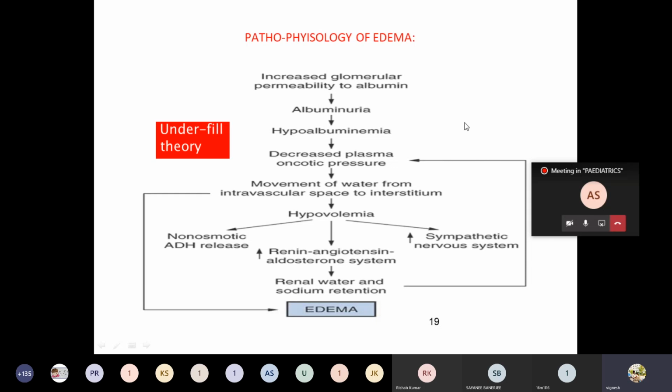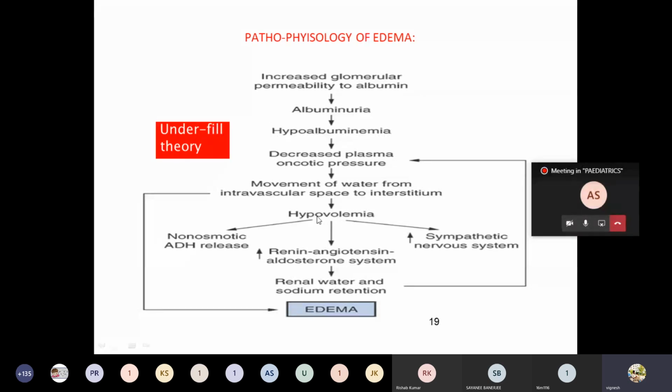So later, once albumin decreases, what is going to happen to the oncotic pressure? As you know, if the albumin level decreases in the vessels, the oncotic pressure in the plasma will be decreased. Which leads into, it is simple physics, the effusion, meaning movement of water from the intravascular space, from the vessels into the interstitial spaces.